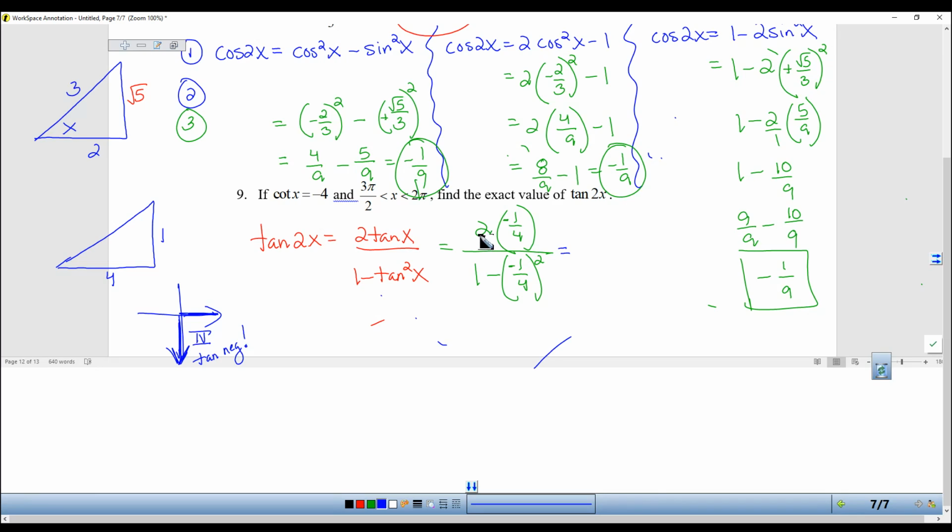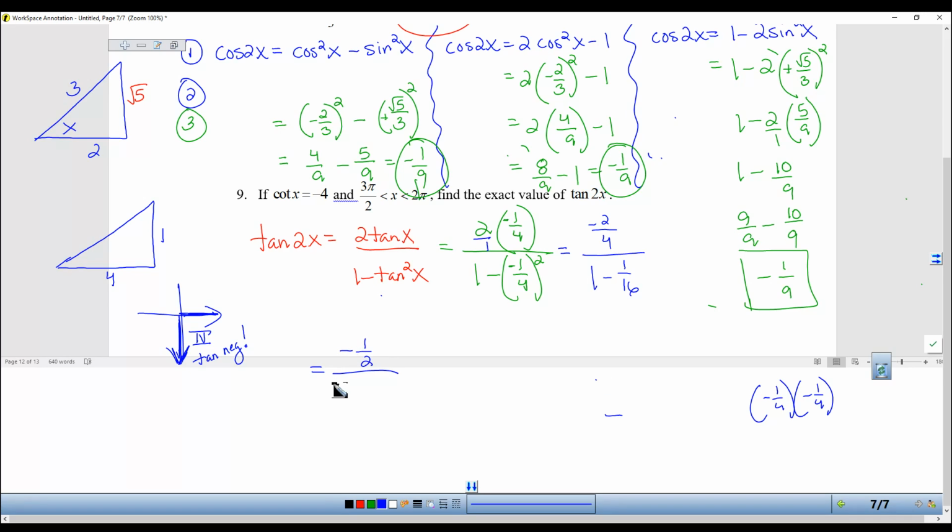When you're multiplying a whole number by a fraction, change it to a fraction, and now it's negative 2 over 4. When you square, that means negative 1/4 times negative 1/4. So again, straight across the top and straight across the bottom gives me 1/16. When you want to multiply fractions, you go straight across the top and straight across the bottom. But when you want to add or subtract fractions, you need a common denominator.